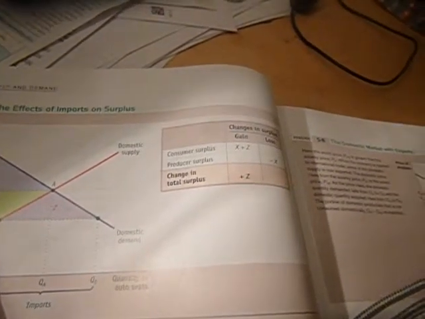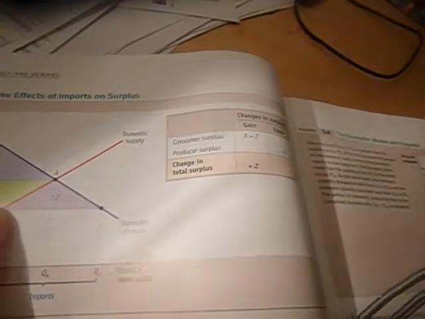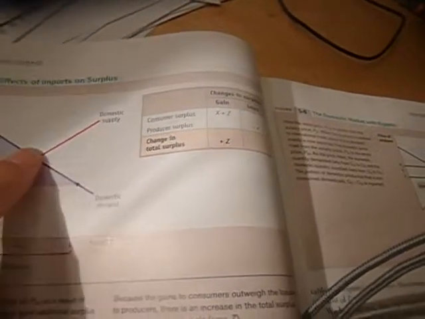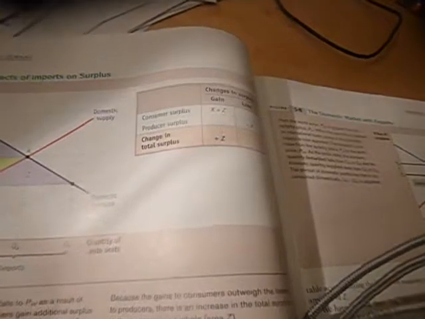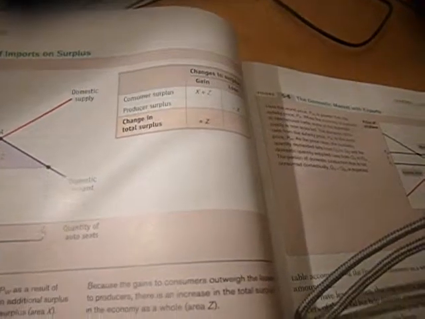And for the change in surplus, you can tell the consumer will add surplus x plus z in addition to area W, the red triangle W, and the producer will lose x.